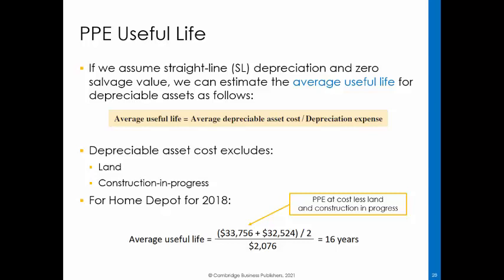If we assume straight-line depreciation, which is consistent with the company's policies, and zero salvage value, we can estimate the useful life for depreciable assets as shown on the slide.